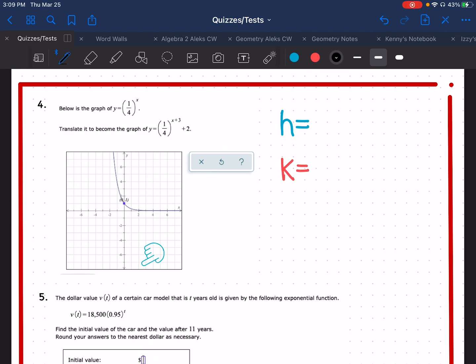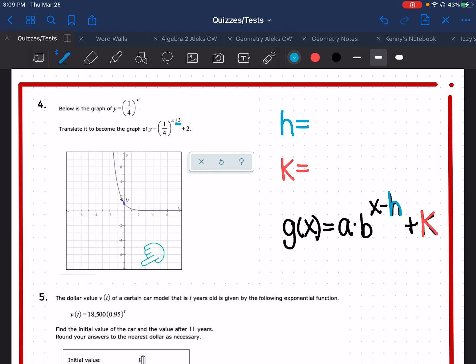Now remember, when you have an exponential function, it is in this form. This was the main form of my exponential function. And the only letters that you are looking at are H and K, and this is exactly where they should be. So H is going to be this guy right here.